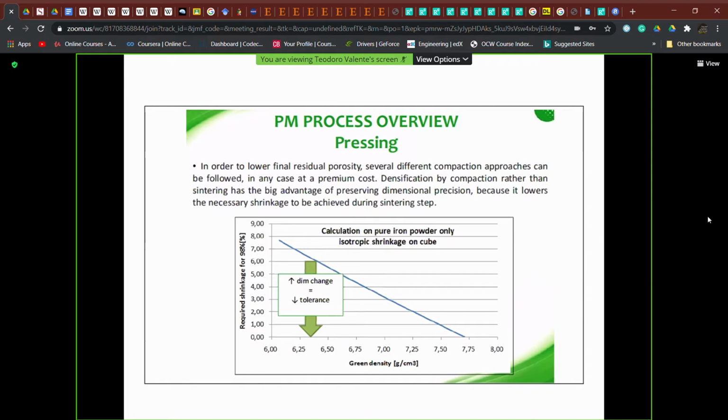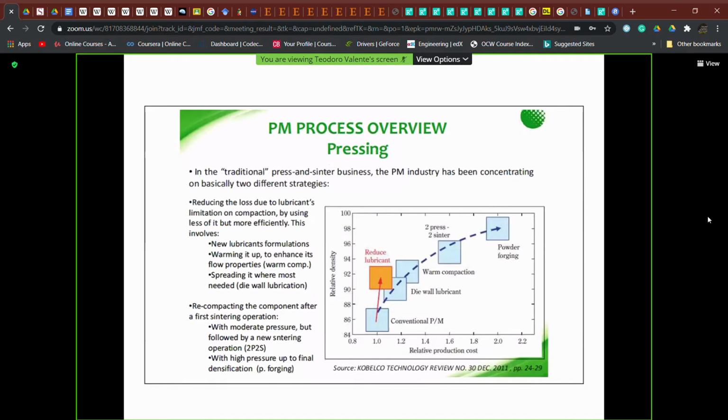And when we do this, we can also reduce the shrinkage secondary effect, having after sintering a final component with suitable properties for the engineering application.